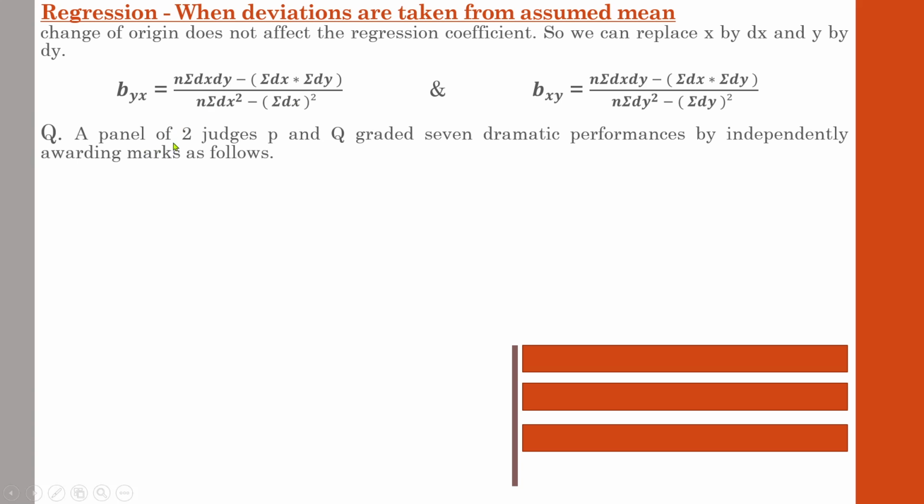A panel of 2 judges P and Q graded 7 dramatic performances independently, awarding marks as follows. There were 2 judges P and Q, and they watched 7 programs, judged them, and gave marks for each session.